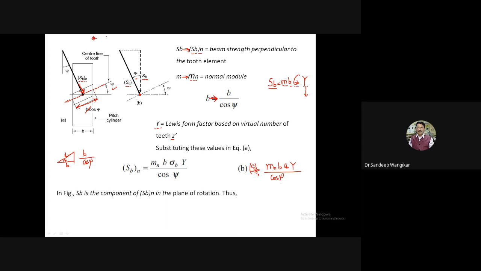Draw the diagram and write down the formula. Then next we will get the final formula, but at least complete this.